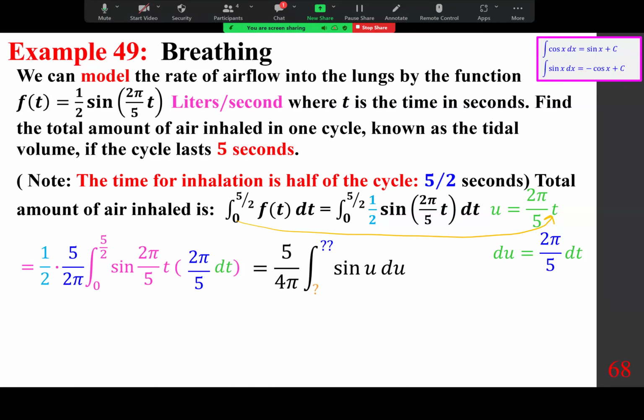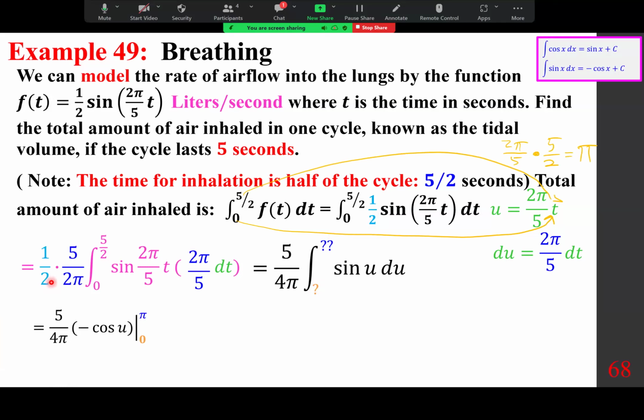So it doesn't change. But if I put 5 halves instead of t, I get 2π over 5 times 5 halves, and I end up with π. So the lower limit remains at 0, but the upper limit is π.